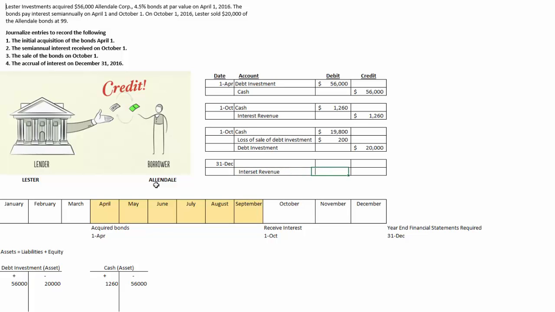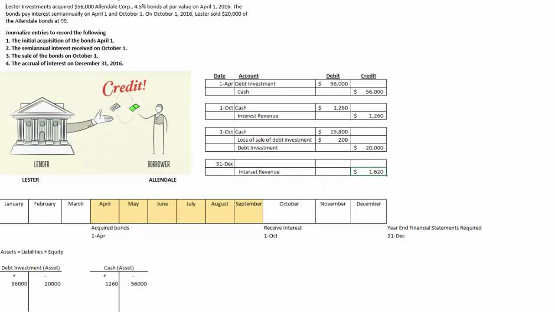A credit to a revenue account represents an increase. So how much? Well, we don't have 56,000 of the bonds anymore. We only owned 36,000 for this 3-month period. So you take 36,000 times the coupon rate, and you could say that would be an annual amount of interest.